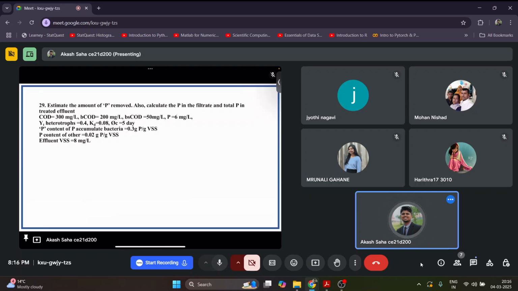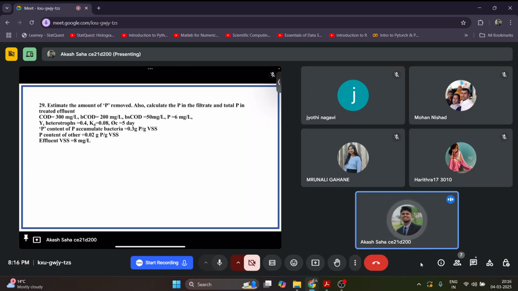Now YT, yield constant, decay constant, theta C, P content of phosphorus accumulating bacteria, P content of other type of bacteria, effluent VSS, everything is given in the question. You have to find out how much phosphorus will be removed. What we have to take care of is that there are two kinds of bacteria: phosphorus accumulating bacteria, and the other kind, heterotrophs.